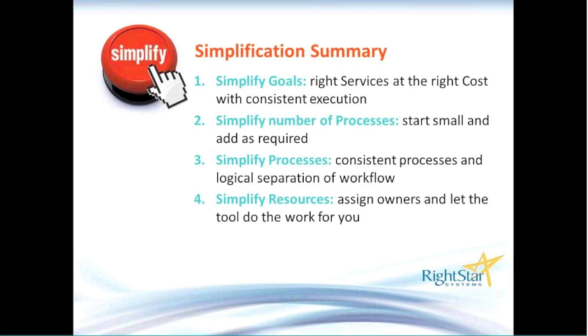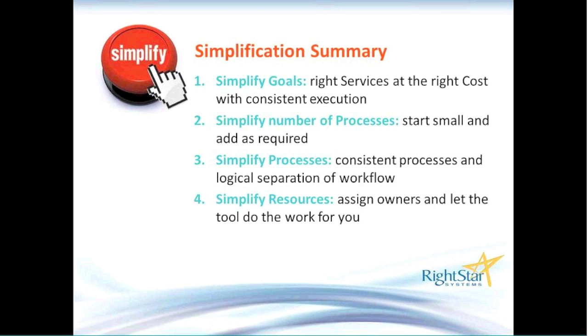So here's our overall simplification summary. So when it comes to goals, you want the right services at the right cost with consistent execution, and consistent execution probably is the key there. Number two, simplify the number of processes. Yes, start small.